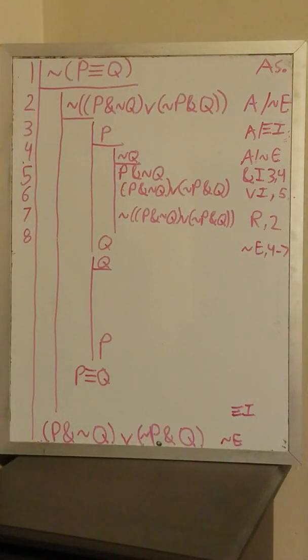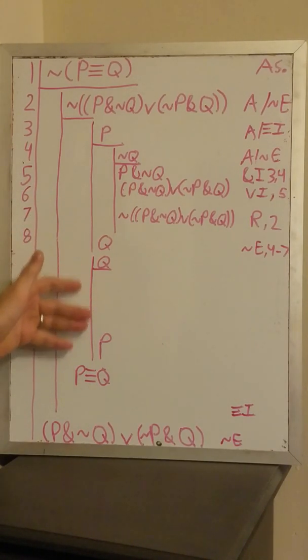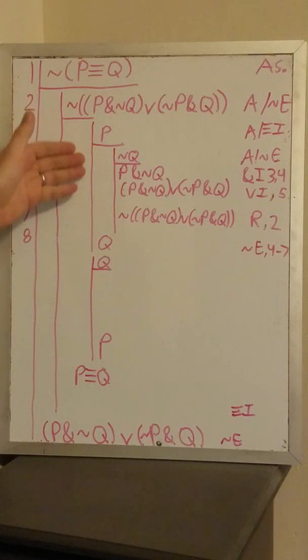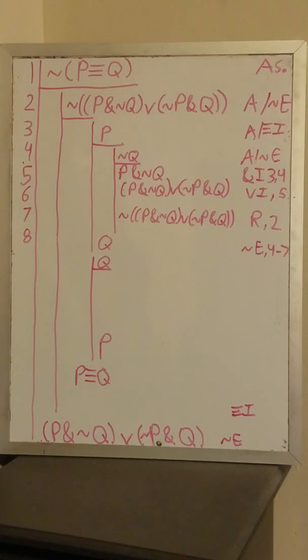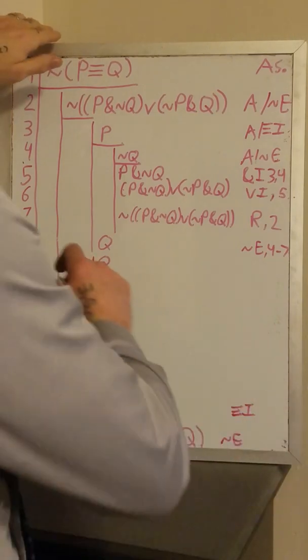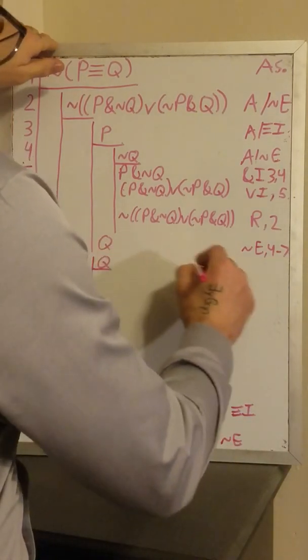Okay, so we need to do that again down here in order to establish the biconditional that we want. Again, it might be a good idea to pause this video at this point and see if you can reason through this, which is exactly parallel to this here. So this will be our line 9.